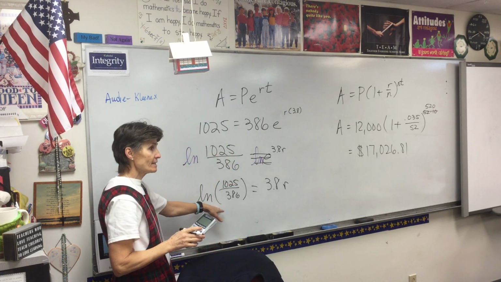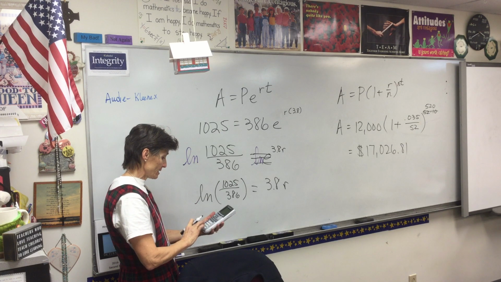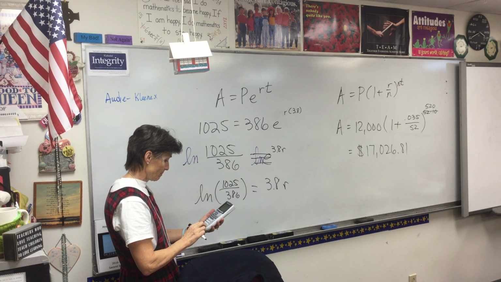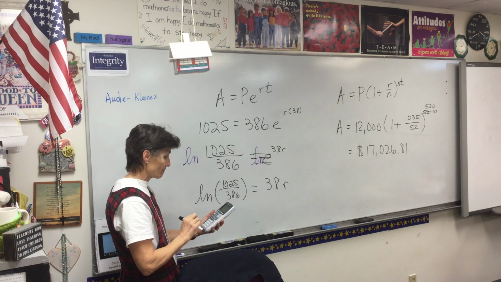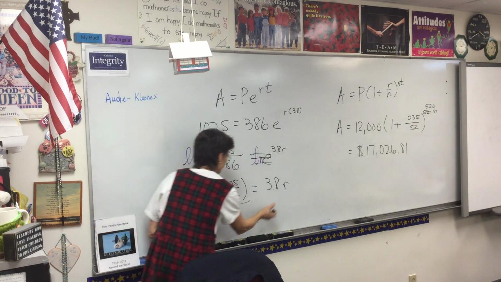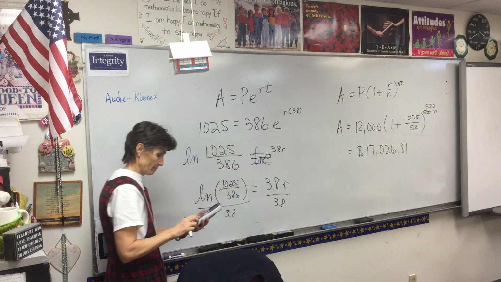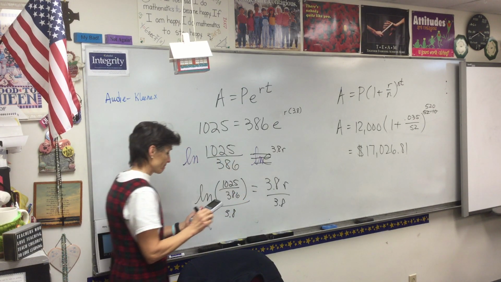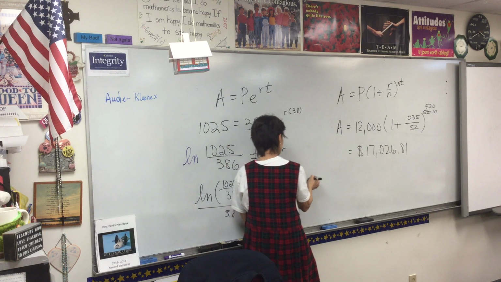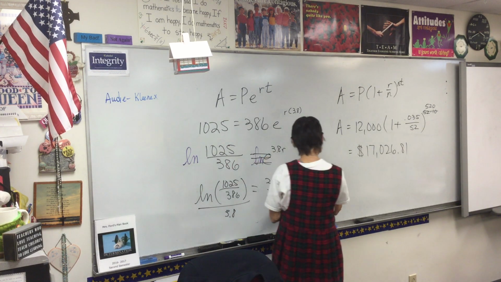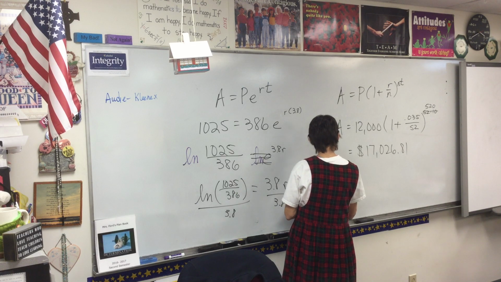You're just going to take this guy right here, whatever that is, ln of 1025 divided by 386, and you're going to divide it by 3.8. And your answer to the nearest thousandth is 0.257.